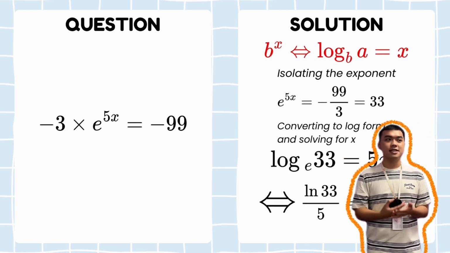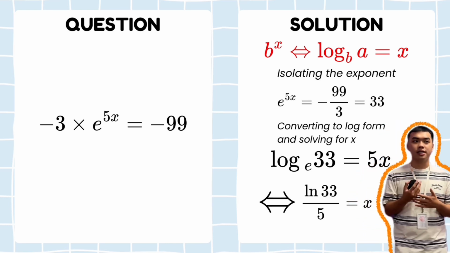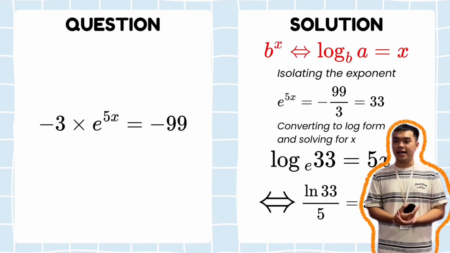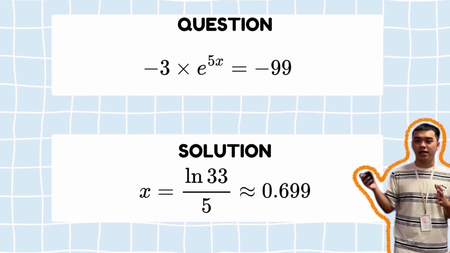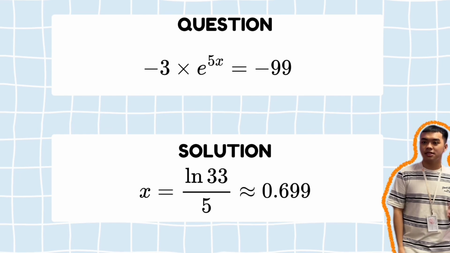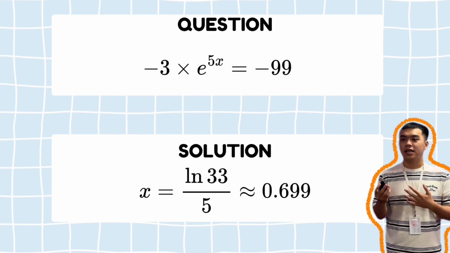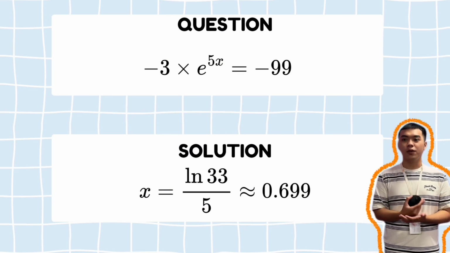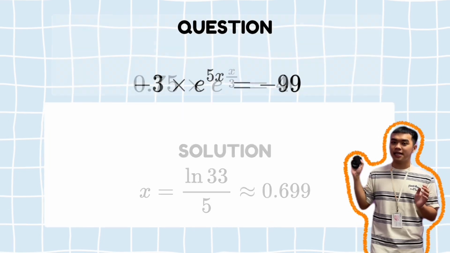The first one is isolating the exponent, the second one is converting to log form, and the last one is solving for x. So right here you can see we have already given you this solution in detail, and the solution to this exercise is x approximately equal to 0.699.